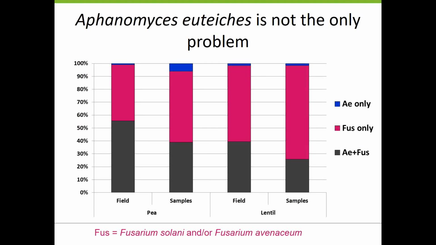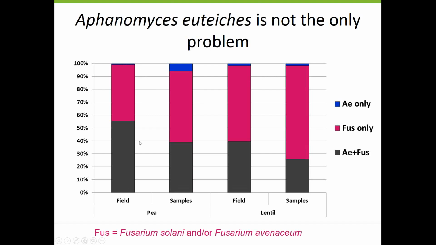But if people have heard me talk about root rots before, I think it's important to note that Aphanomyces is not our only problem. And so what I've done here is summarize all of our survey results, the average taken across all the years, and looked at what proportion of fields were positive for Aphanomyces plus Fusarium species, and that's shown here in these dark gray to black bars, and then what proportion of fields were positive for Fusarium only, indicating there was no Aphanomyces in those fields, and then the very small percentage of fields that had only Aphanomyces without Fusarium occurring at the same time.